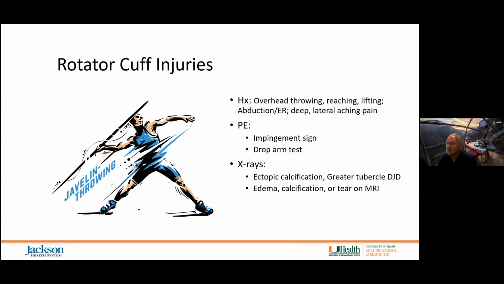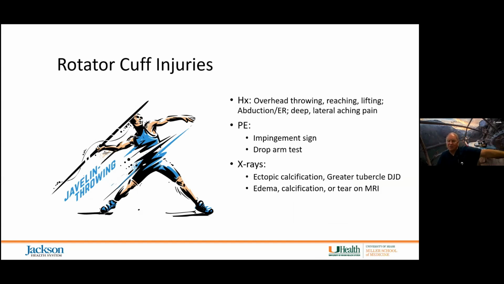So rotator cuff injuries, very likely in our folks who are wheelchair users. Typically, this is caused by overhead throwing, overhead reaching, overhead lifting. And so typically on physical exam, you're going to see impingement sign, and the drop arm test tells you what?